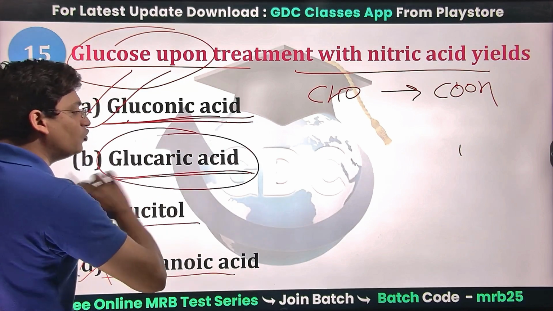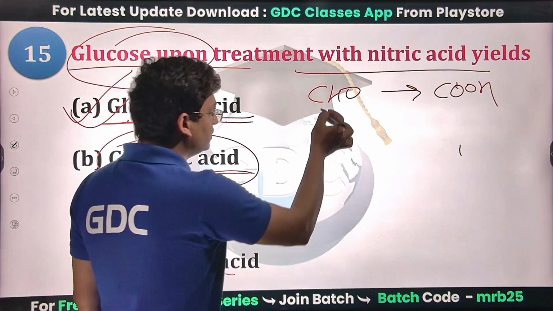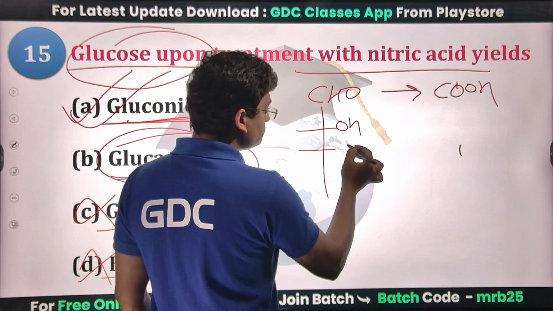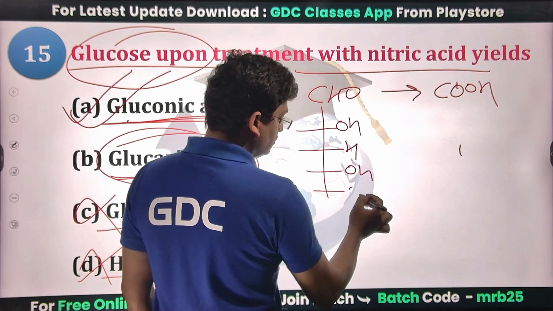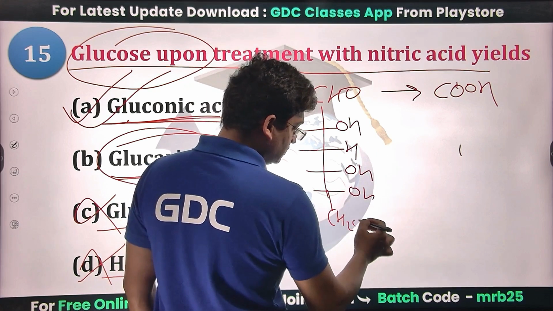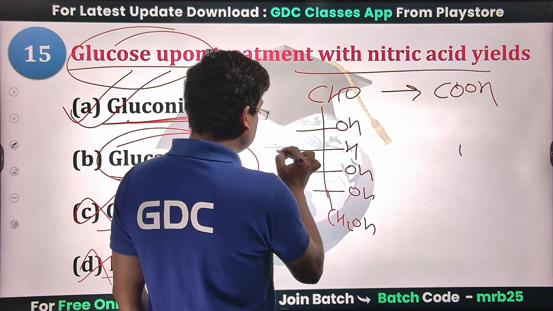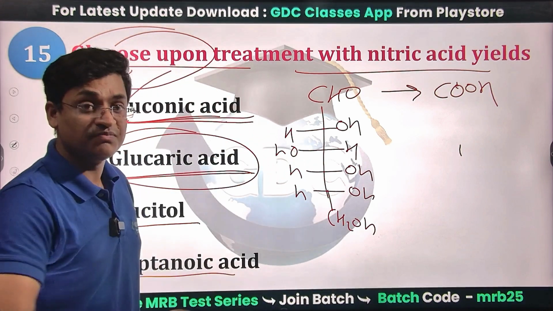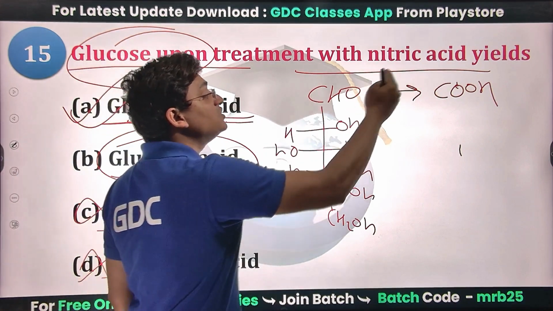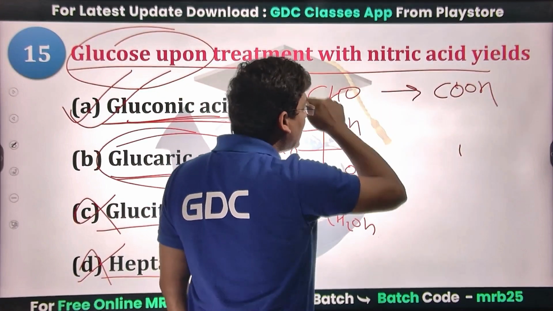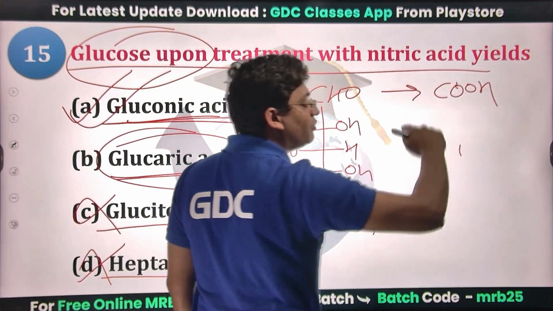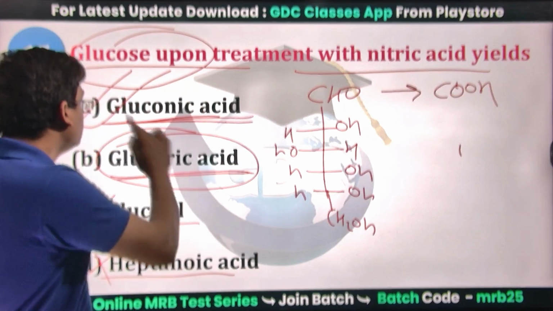When we talk about glucaric acid, this is glucose. When the aldehyde group is oxidized to the carboxylic acid, that gives you gluconic acid.